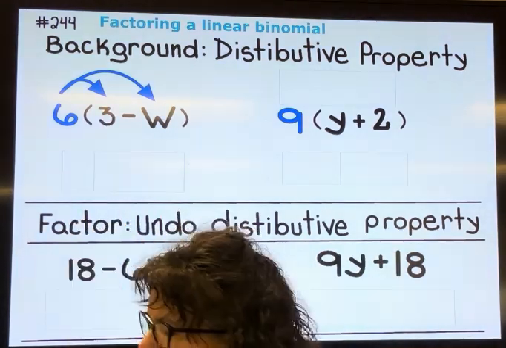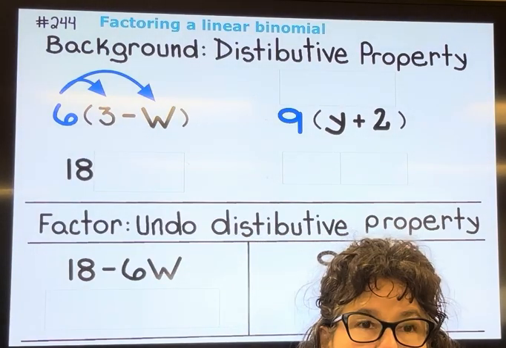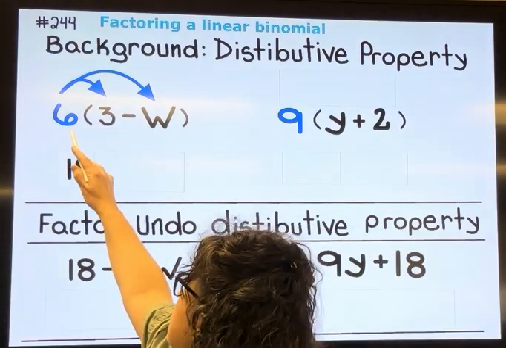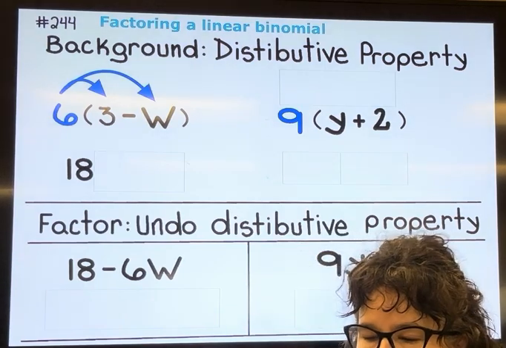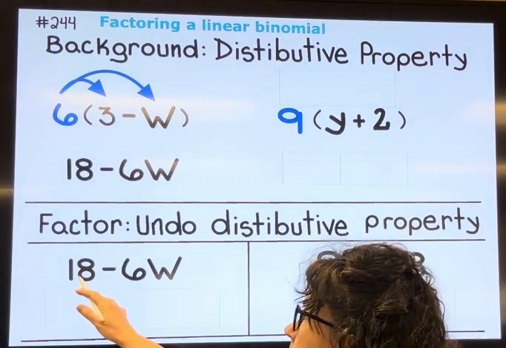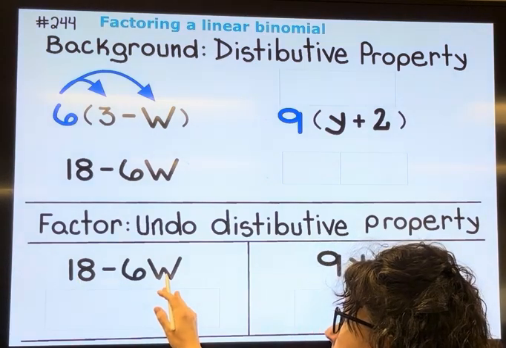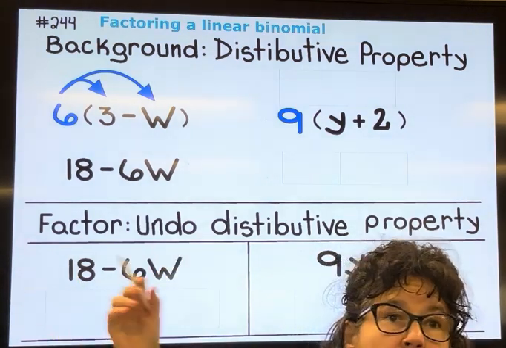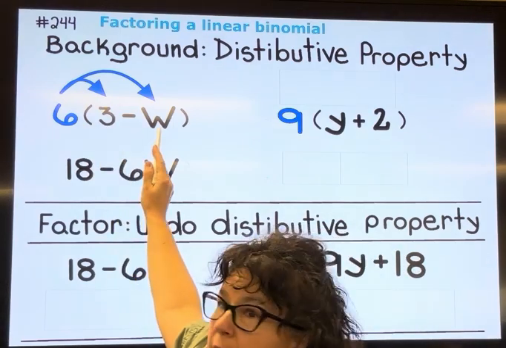6 multiplied by 3 is 18, and 6 multiplied by negative w is negative 6w. When I'm asked to factor 18 minus 6w, I'm going to be going backwards, so that right there is my answer.